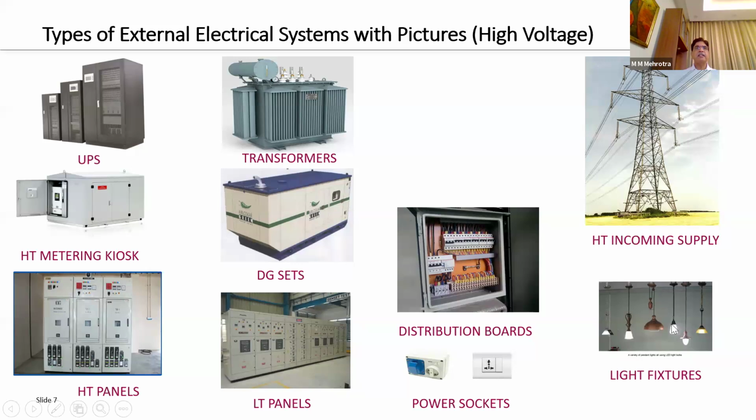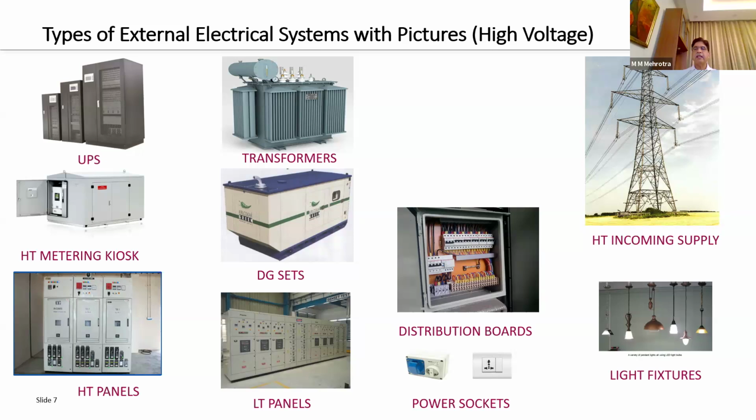Loads are my lights, fans, power points and things like that. Some wires are going out of this distribution board. Each wire has a circuit, and a circuit has 6-7 light or fan fixtures, right?